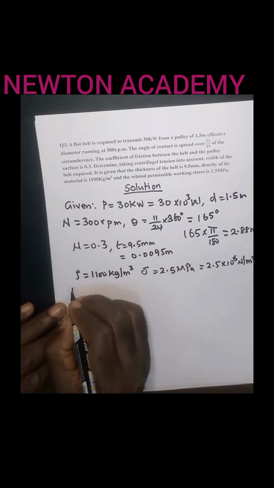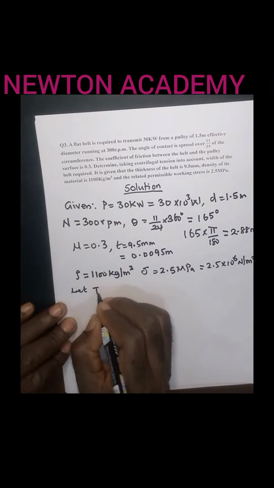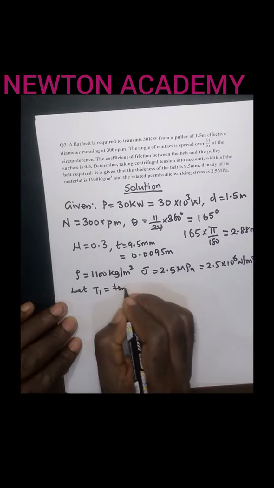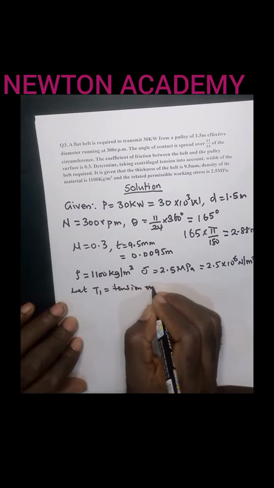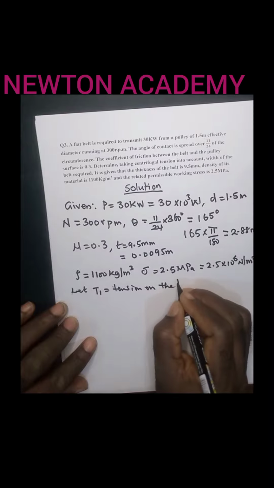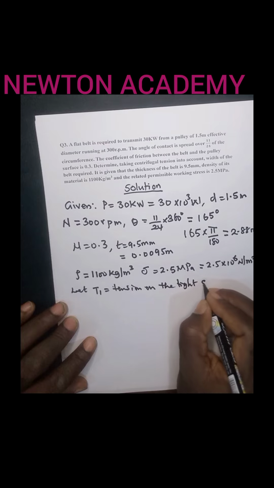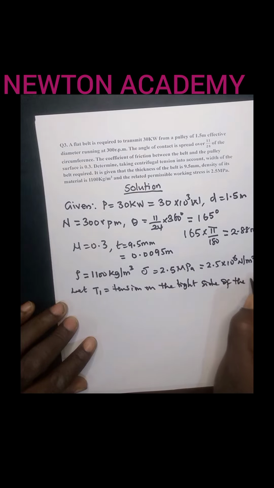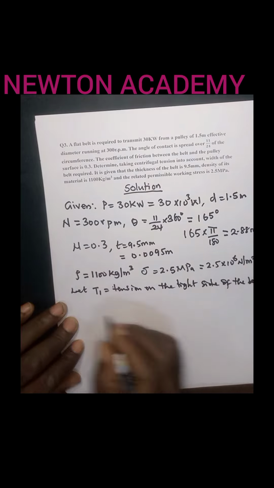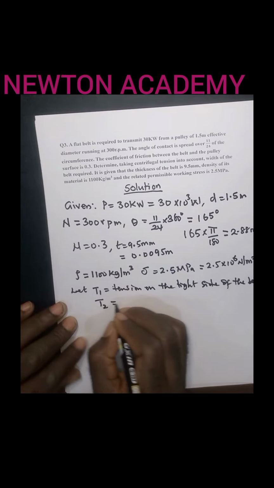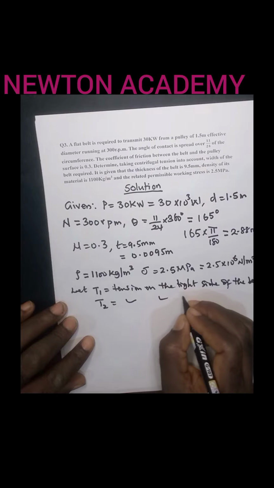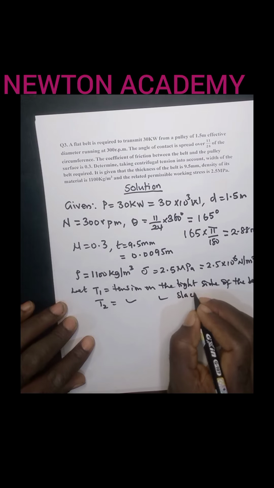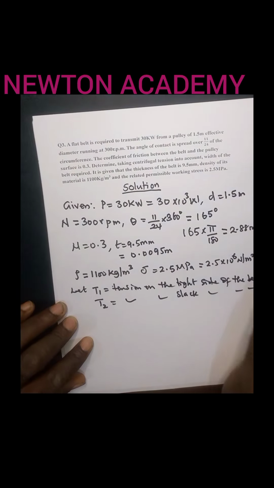Let T1 be the tension on the tight side of the belt. Then T2 will be the tension on the slack side of the belt.